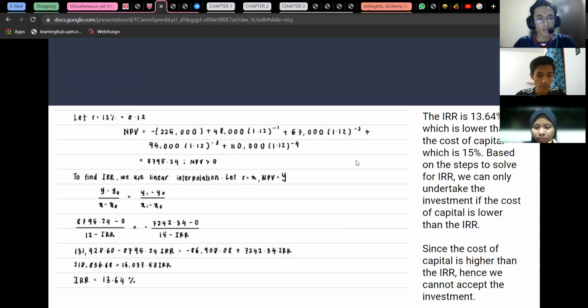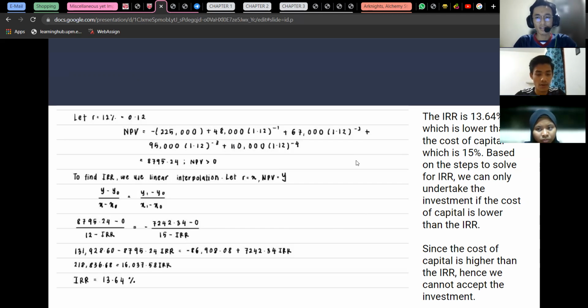Now that we have both the negative and positive value, in order to find the IRR, we use again the linear interpolation, this time letting R equal X and NPV equal Y. Substituting everything and swapping places for each of the calculation, we get the IRR equals 13.64%.